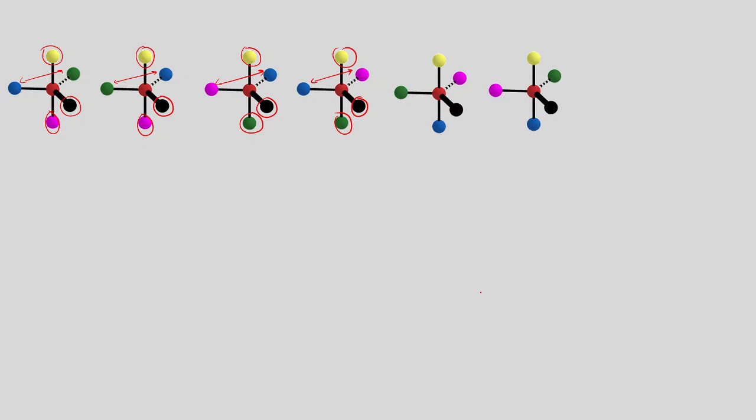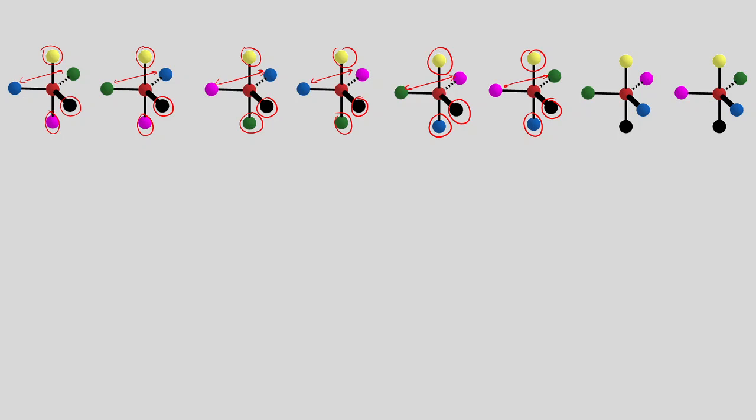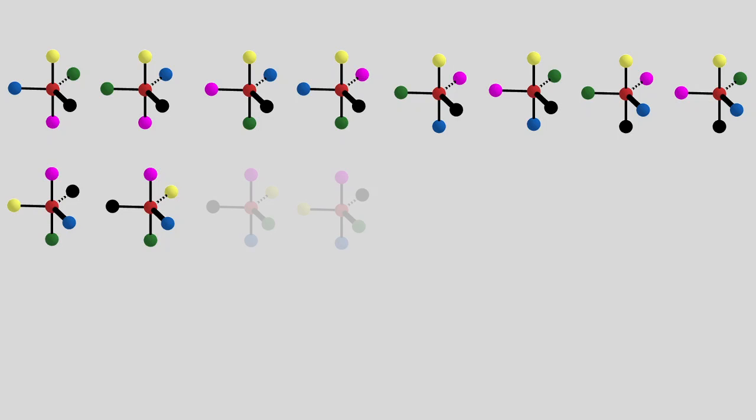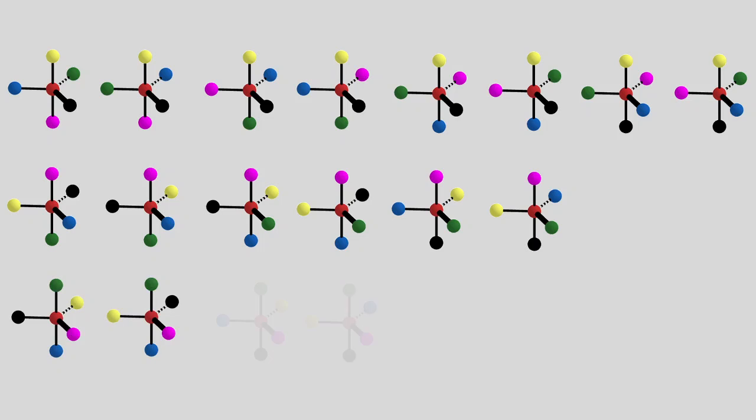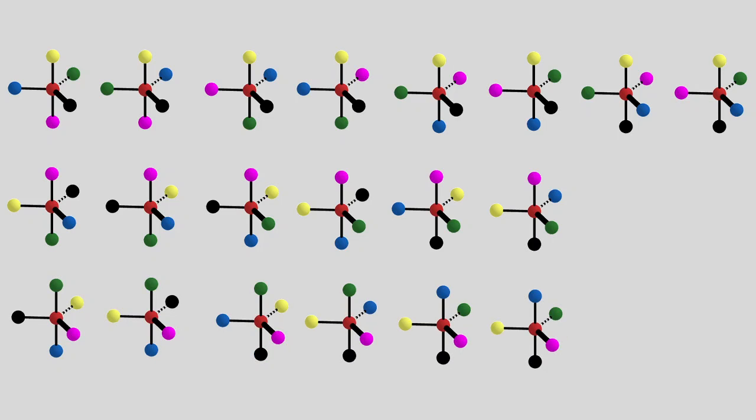Then you go for the next pair at the axial position, the yellow and the blue, with the black in the front, and then you get green pink or pink green. Similarly you go for all the possible pairs, and in all of these cases you will have two possibilities. So you have 20 molecules possible here.